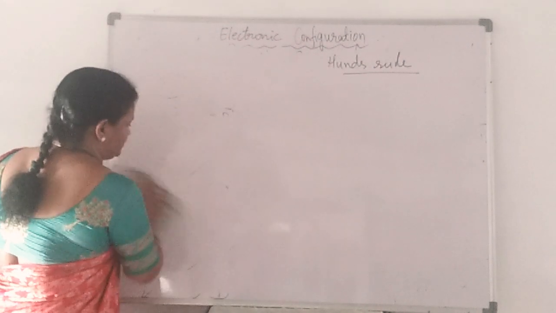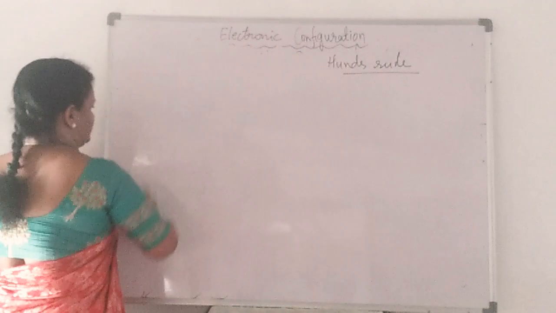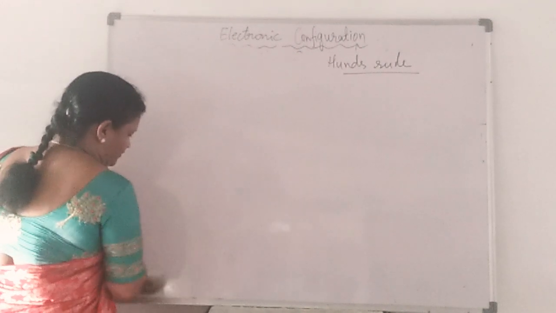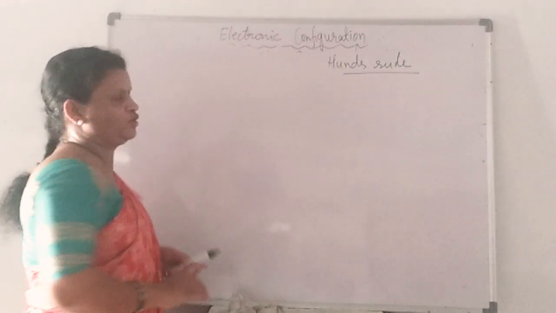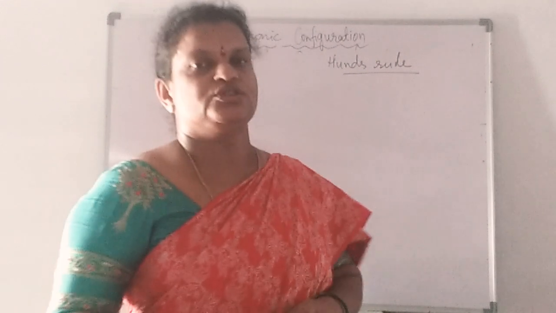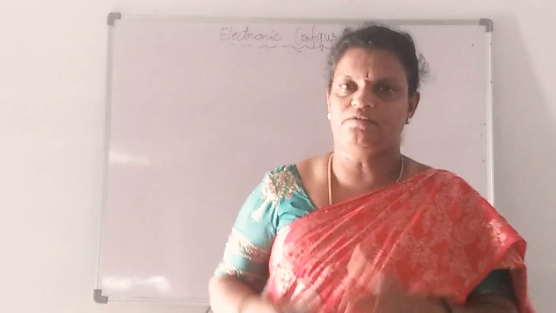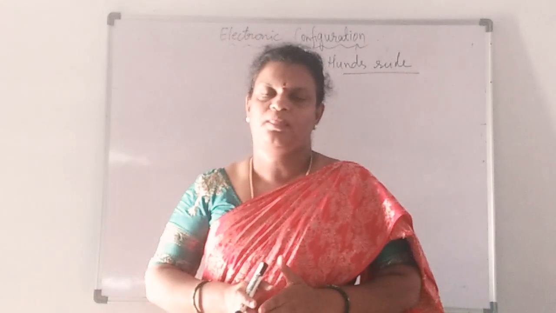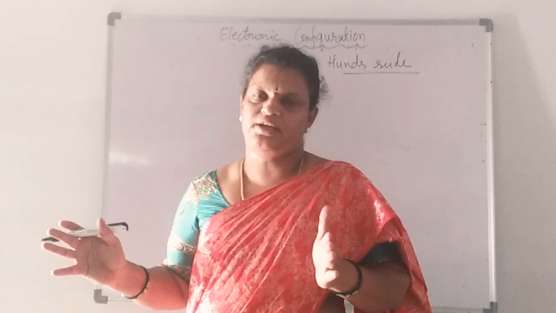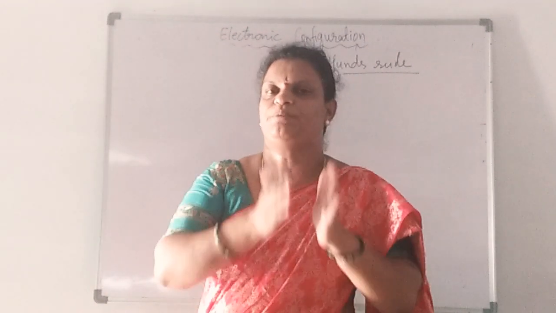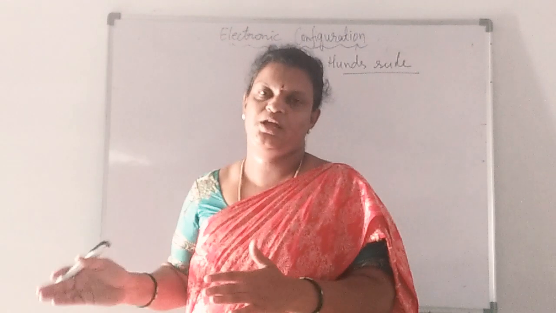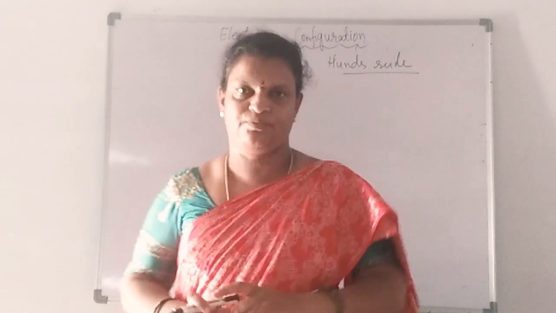So if you are writing the electron orbital method, this rule we are going to follow, as I already said. In this rule, in one particular subshell, many orbitals are there. All those orbitals should be filled with one electron each. After that only, pairing should start.